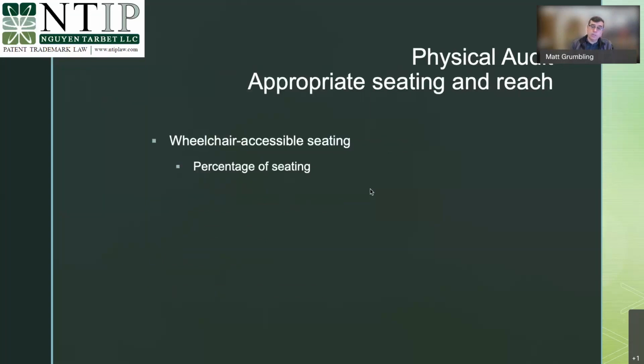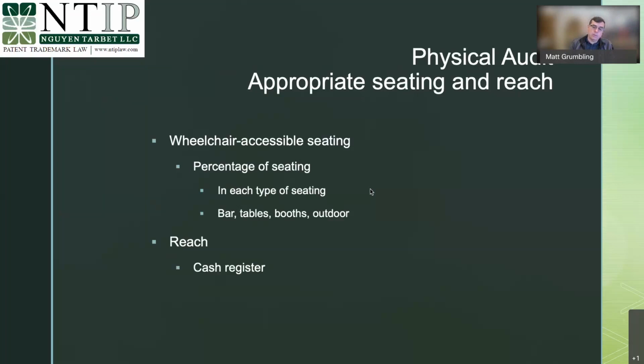Wheelchair accessible seating. There needs to be a certain percentage. I don't recall what it is, but it needs to be in each type of seating. So if you've got a bar, separate tables, and then booths and then maybe outdoor seating, each of those has to have a certain percentage of wheelchair accessible seating.